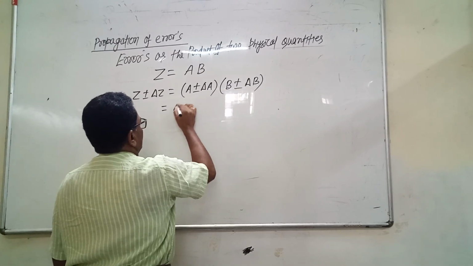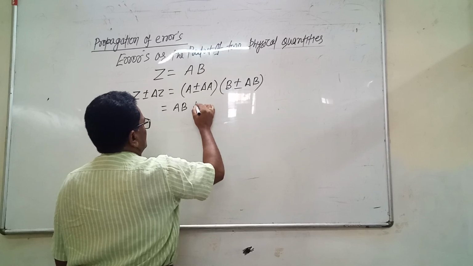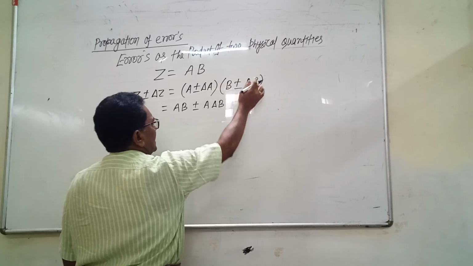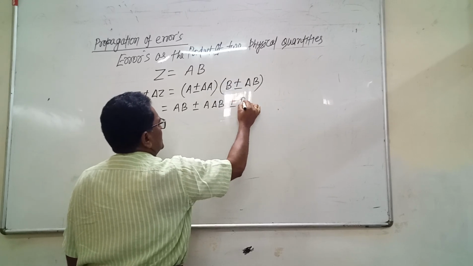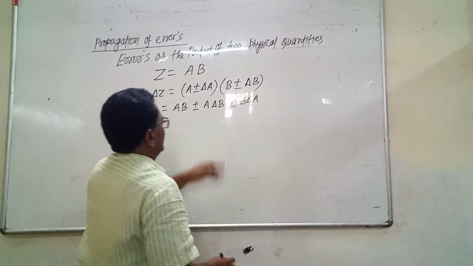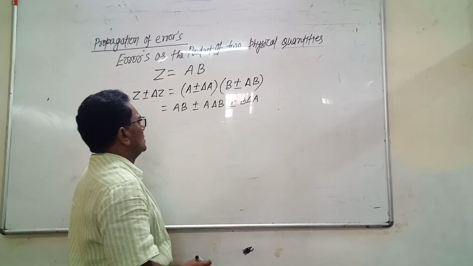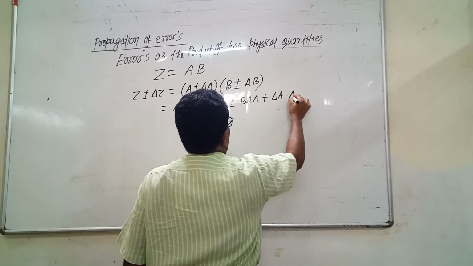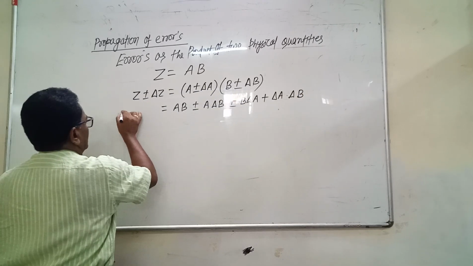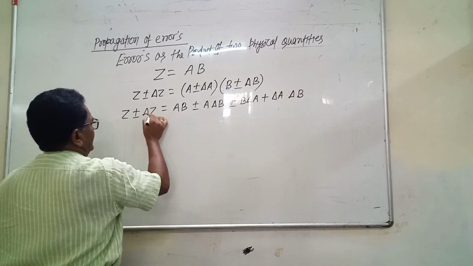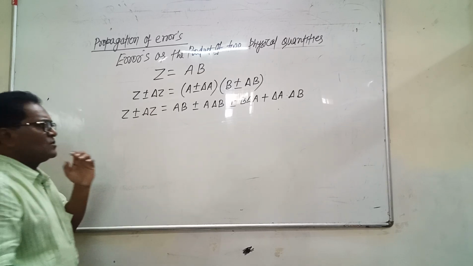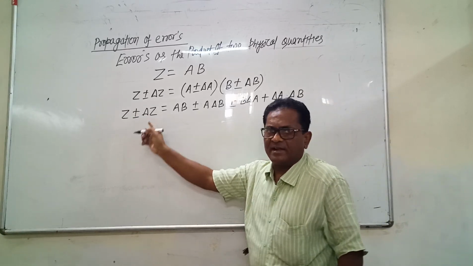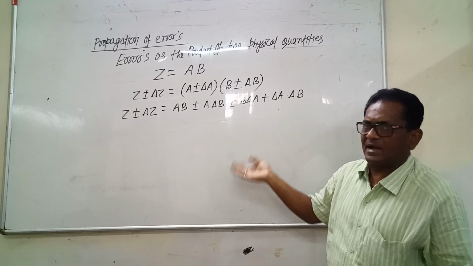So A into B, AB, plus minus A into delta B, plus minus B into delta A, and plus minus minus also plus, so plus delta A into delta B, and here Z plus minus delta Z. Now divide both the terms by Z. So on the left side we will divide by Z, and on the right side we will divide by AB.